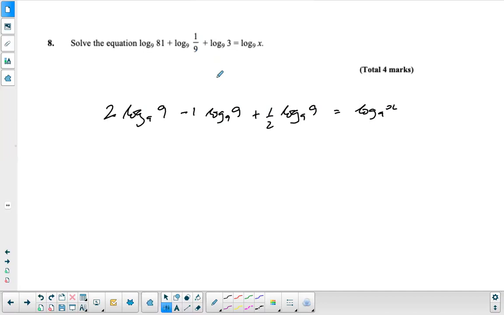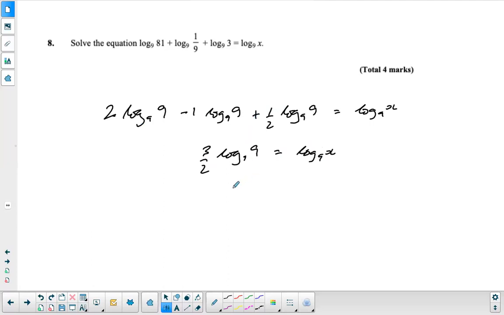So we can bring these together, and what we end up with is 2 minus 1 plus a half, 3 over 2, log to the base 9 of 9 is equal to log to the base 9 of x. What is log to the base 9 of 9?